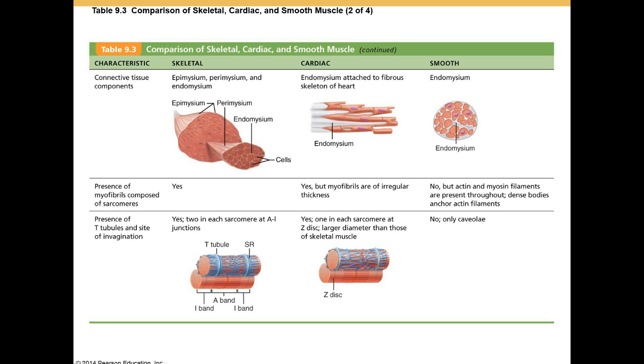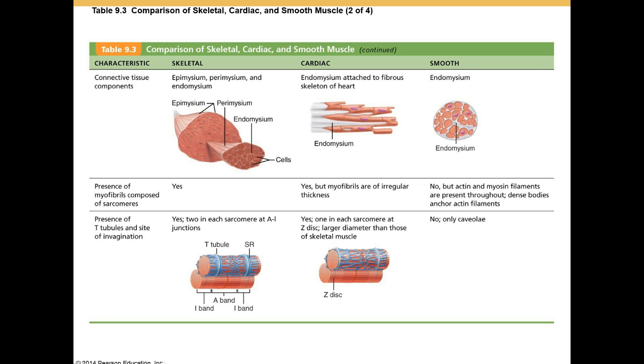Cardiac muscle, you don't see the striation as obvious, and that's because the myofibrils aren't perfectly uniform. And in smooth muscle, you do not see striations. Now, you still have thin and thick filaments, you still have actin and myosin, but there's a different type of connection.